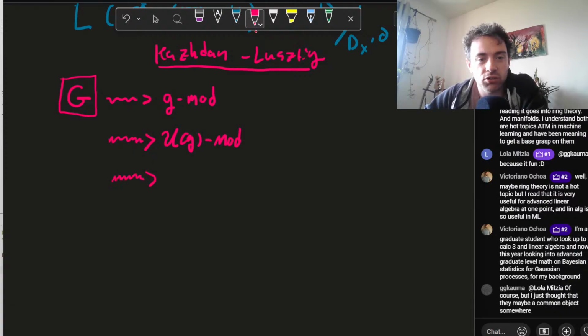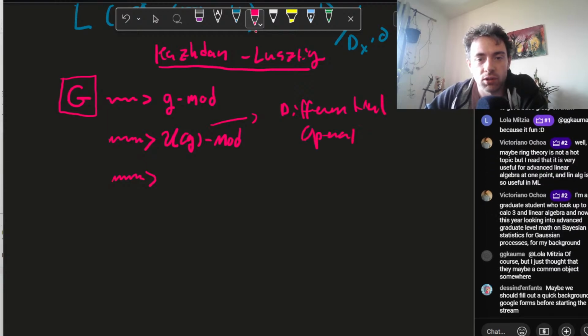It turns out, though, that the universal enveloping algebra can be interpreted as a special kind of differential operators on your manifold. So that is where the connection to D-modules comes in, because those are like families of differential operators.